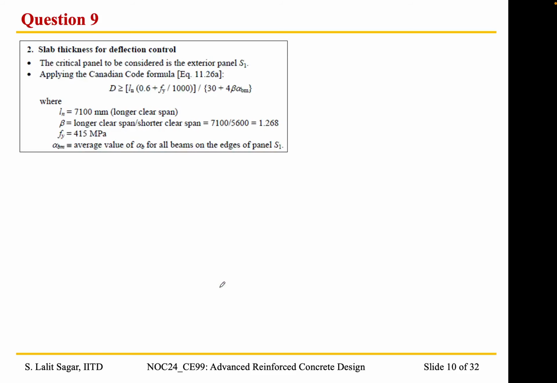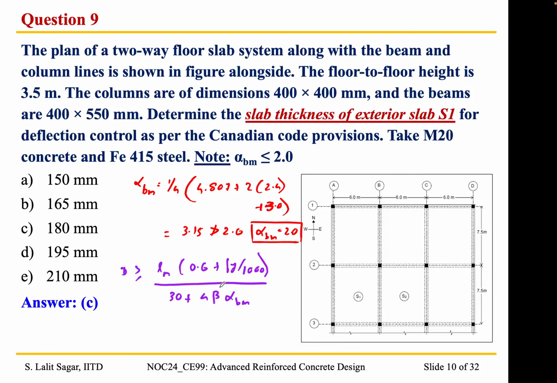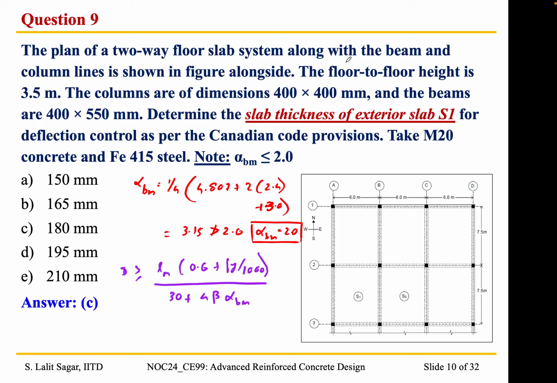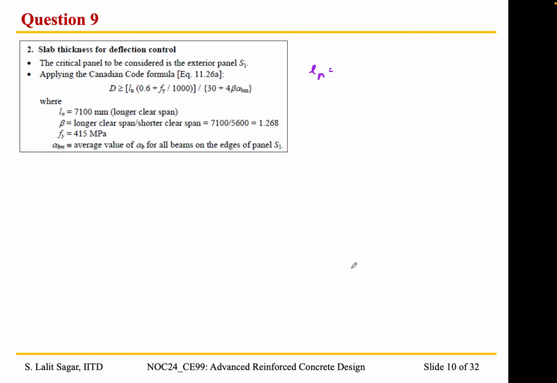Solving the problem here. Okay, so we can start plugging the values here. So here ln is nothing but the clear span along the transverse direction. The clear span is 7.5 minus 400, so that is 7100 mm, right?